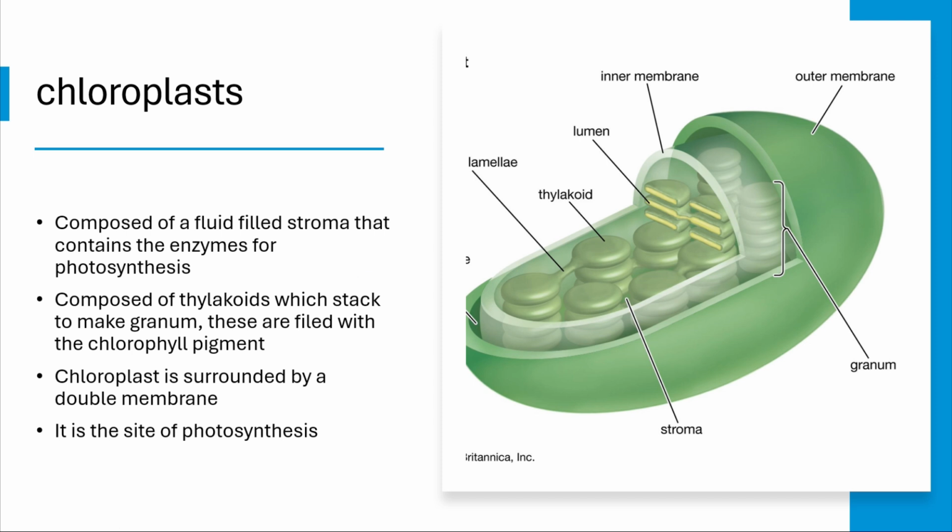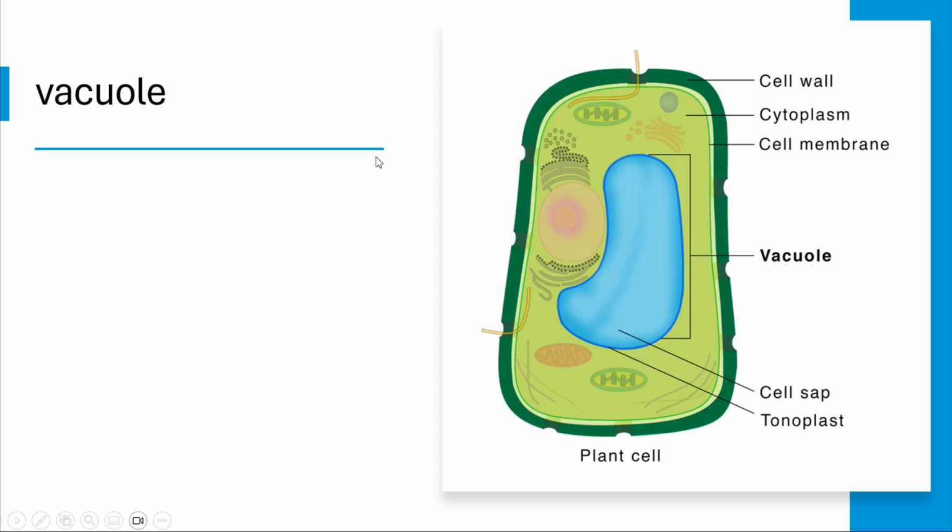The stroma contains enzymes for photosynthesis. The thylakoids, which stack to make the granum, are filled with the chlorophyll pigment, which is what makes it green and lets it absorb light for photosynthesis. The chloroplast is surrounded by a double membrane, and it's the site of photosynthesis.